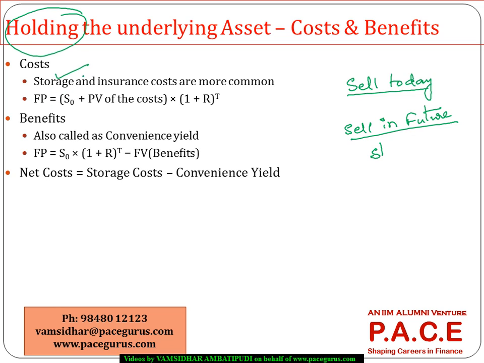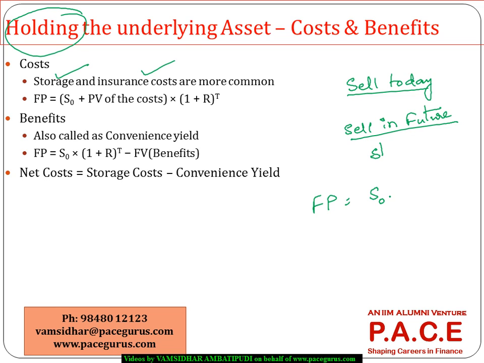And for some of them you may have storage costs. In some cases there may be insurance costs. These are some of the most common costs that are incurred when you are holding on to the asset, which means when you are getting into the futures price for them, it has to account for the entire costs also.